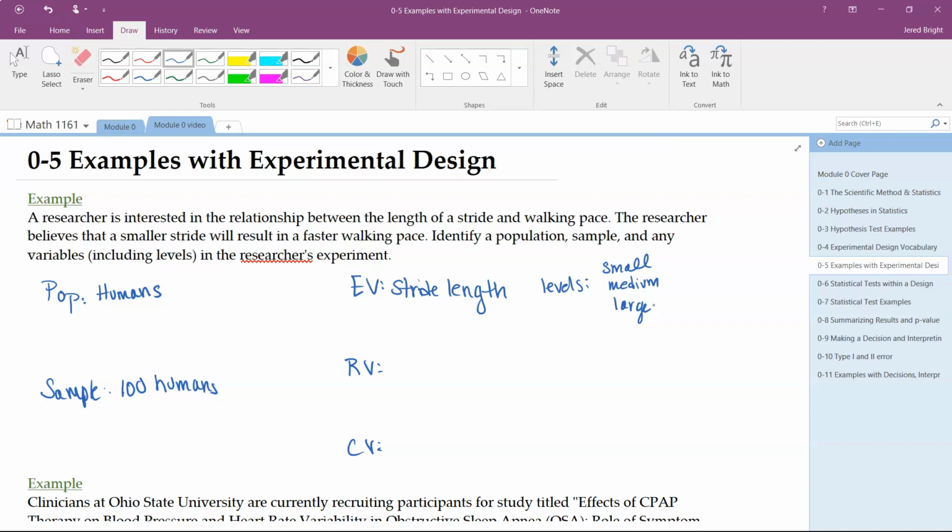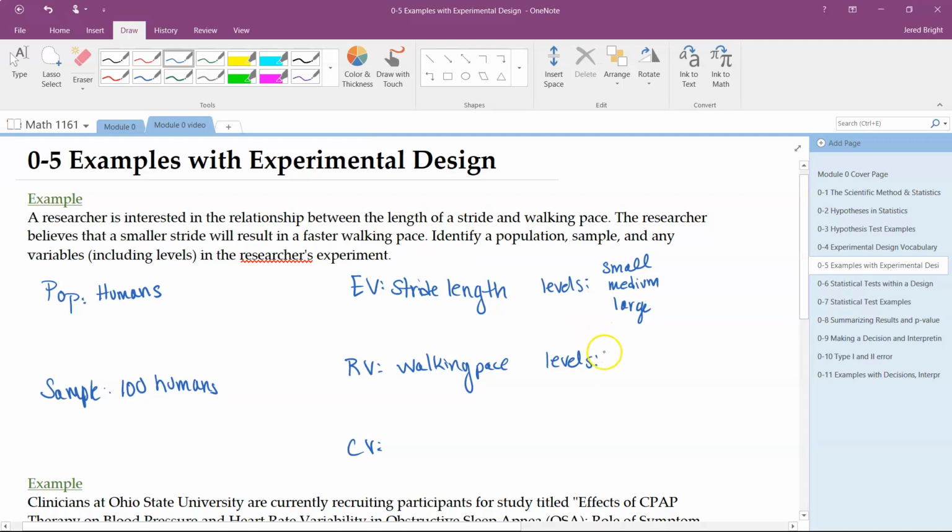The response variable is what we think changes as a result of stride length, and that is walking pace. We don't really know too much about this either, and that's okay. It's okay to work in vague contexts, but it does say faster walking pace.